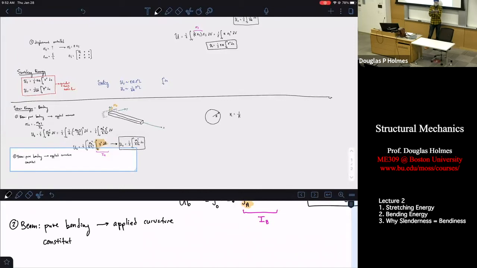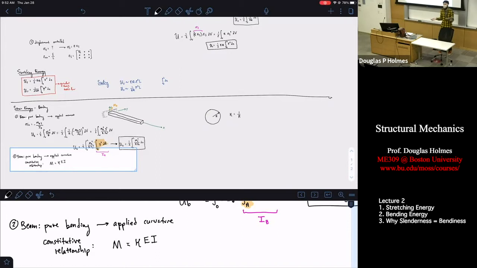Constitutive relationships are how you connect loads and moments to displacements or deformations. Hooke's law is a constitutive relationship. The constitutive relationship in bending says that the moment that you apply will be equal to the curvature times EI.